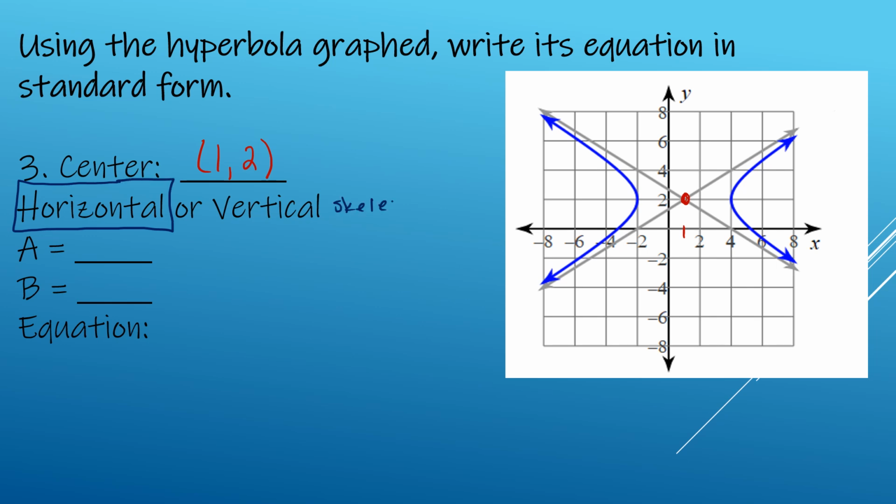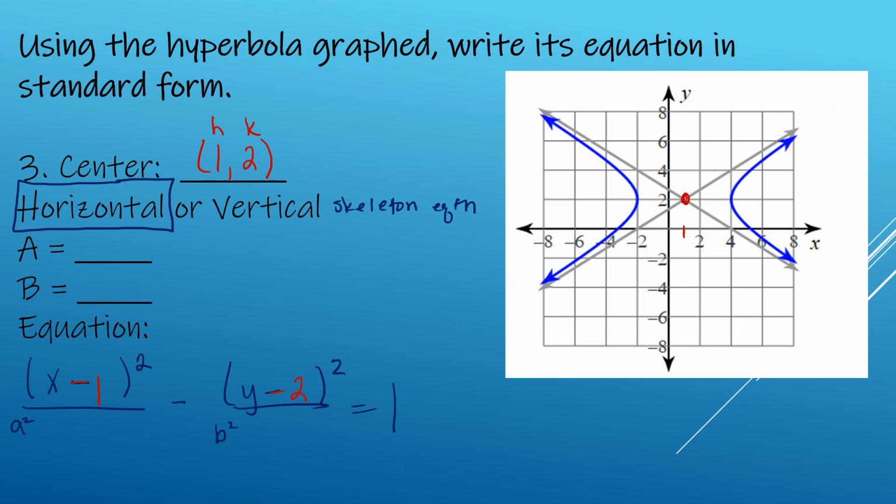Again, go ahead and do that skeleton equation. You know the center and you know the direction it's opening. So it'll be x minus h squared over a squared minus y minus k squared over b squared, and it all will equal 1. So now we just have a few things to fill in and we're good to go. My h from the center is 1, k is 2, so our equation is x minus 1 quantity squared and y minus 2 quantity squared.